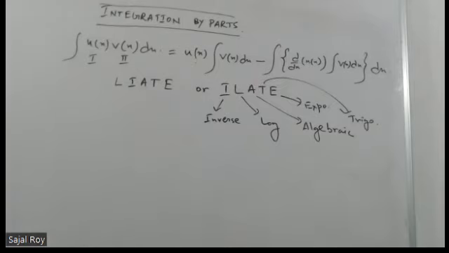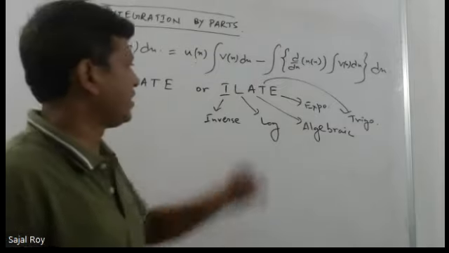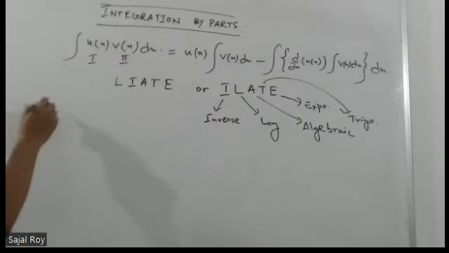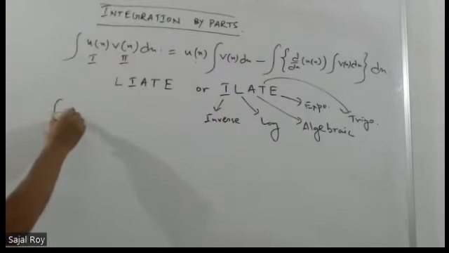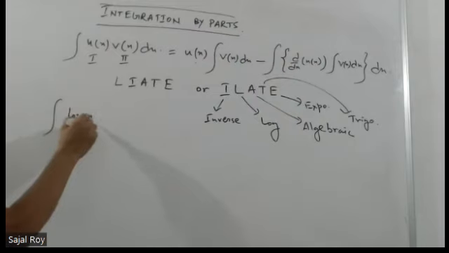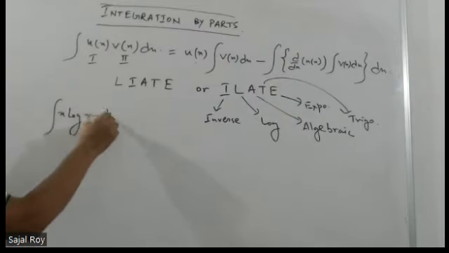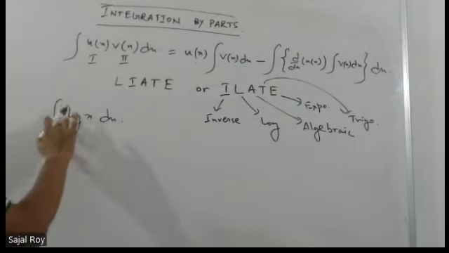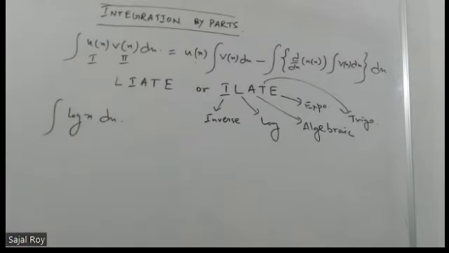Right? So this is the criterion. Suppose, for example, I am giving you one example: you are integrating log x. How will you integrate it, since there is no direct integration formula for log?